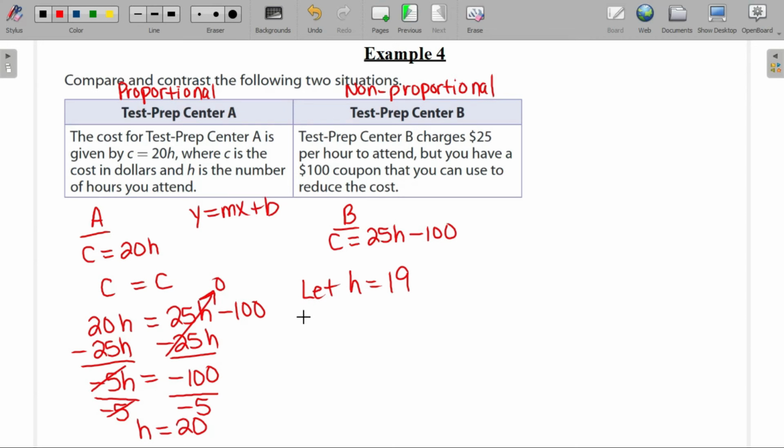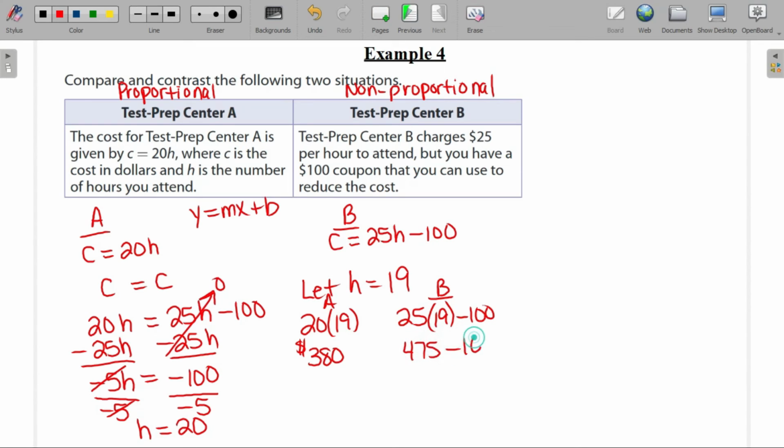So we're going to let h equal 19. I'm going to say 20 times 19 for option A, and 25 times 19 minus 100 for option B. Now if I take 20 times 19, that gives me exactly 380, and that's the cost for 19 hours of test prep at Center A. Now if I take 25 times 19, that gives me 475.